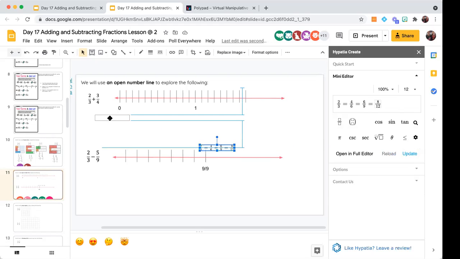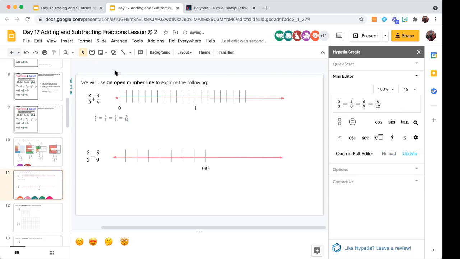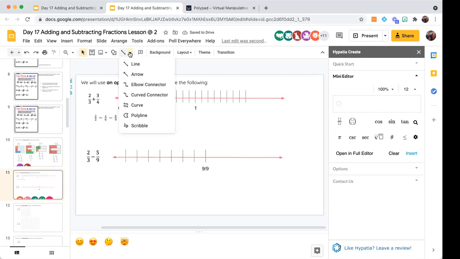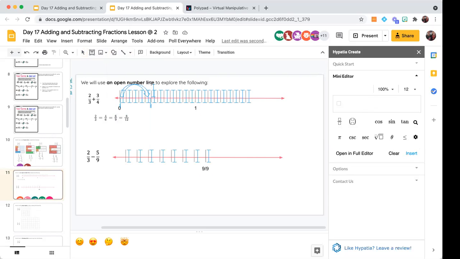I'm going to just move this over here. So when I start at 0, let's grab ourselves an arrow. We're starting at 0, and we need to go 8/12. And wouldn't you know, my friends, these are cut into 12ths themselves. So 1, 2, 3, 4, 5, 6, 7, 8.